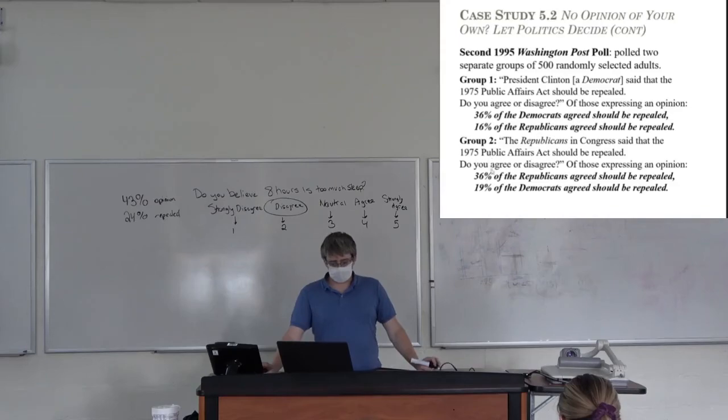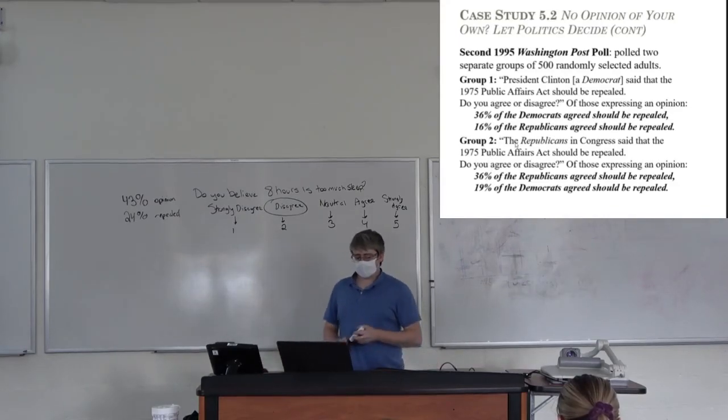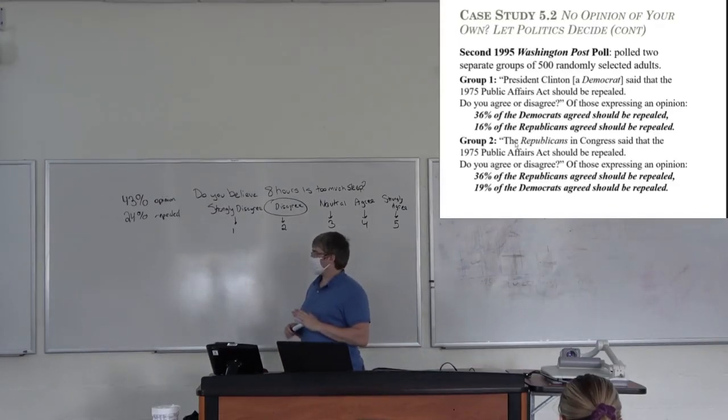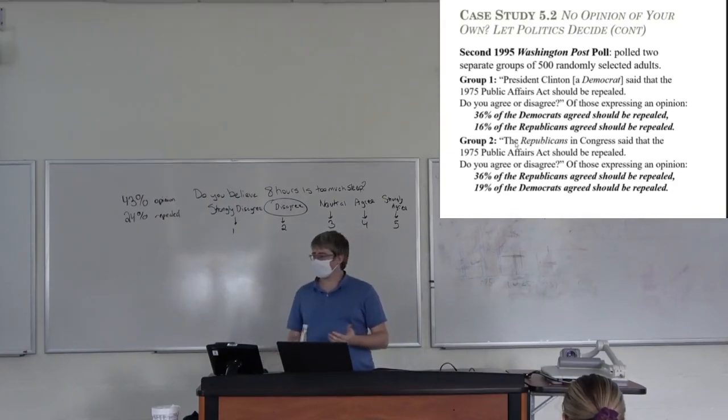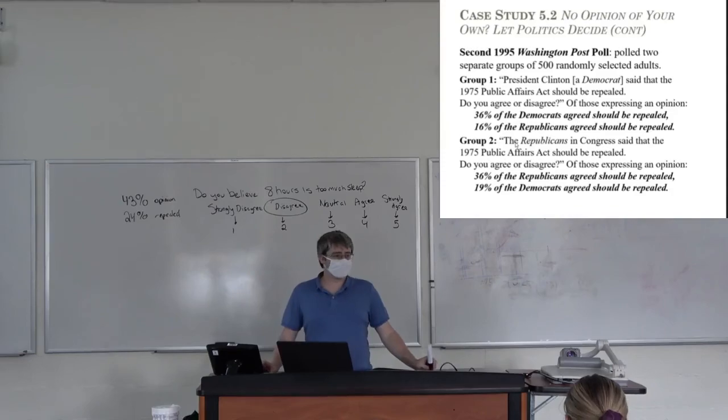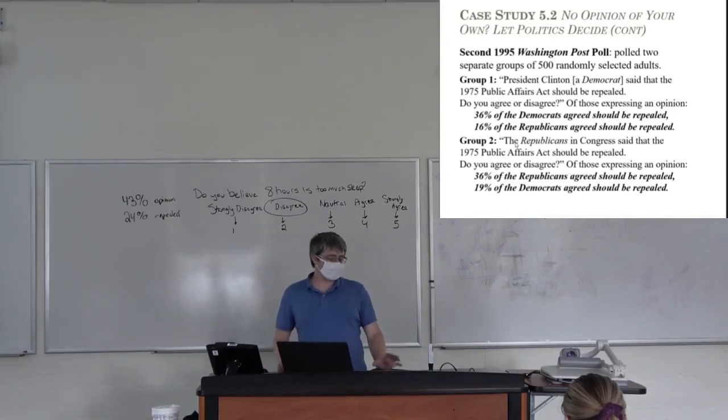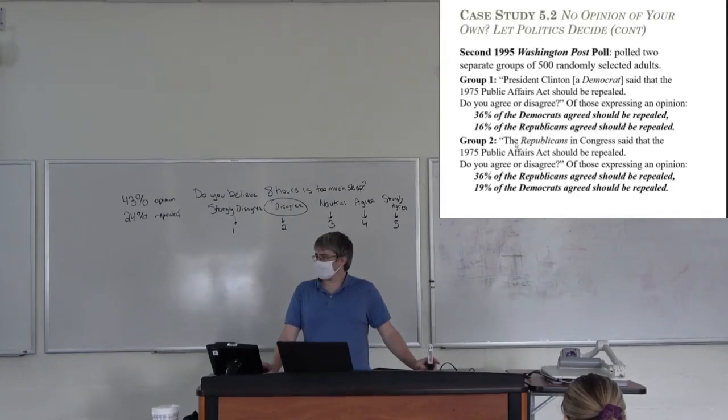Similarly on the other side, more Republicans said it should be repealed instead of the Democrats. Essentially, don't mislead people on your surveys. You want to understand exactly what you want to measure and present that in survey questions so that it makes sense.